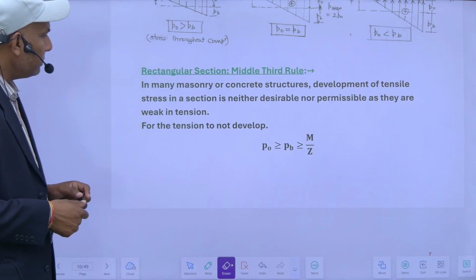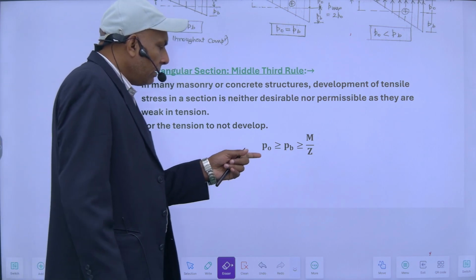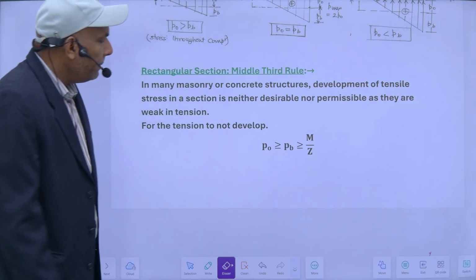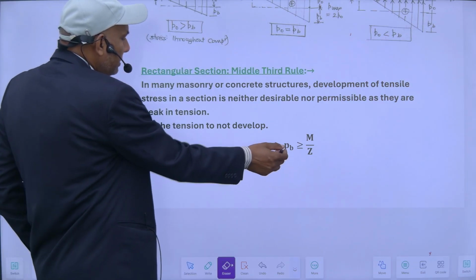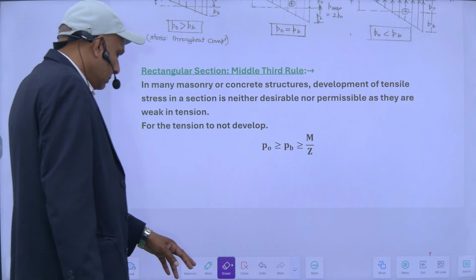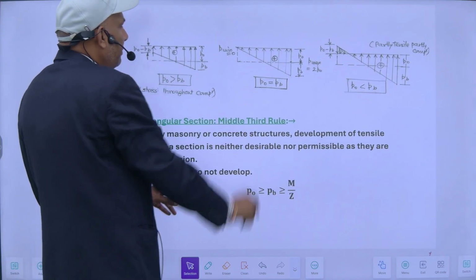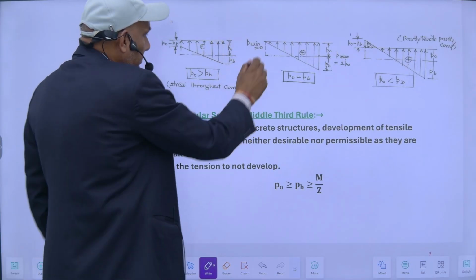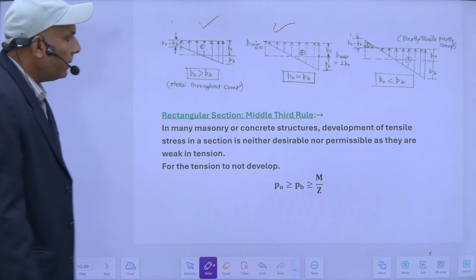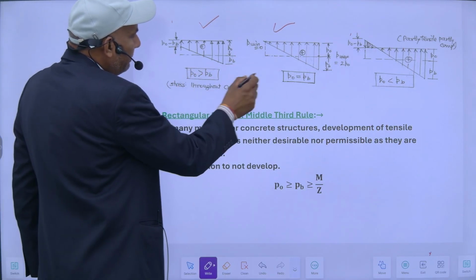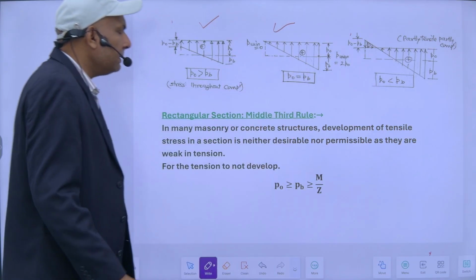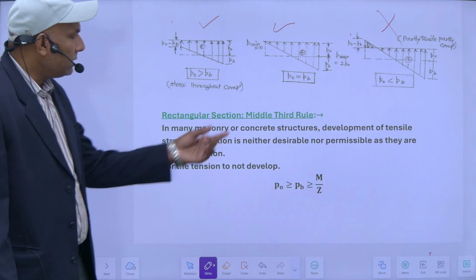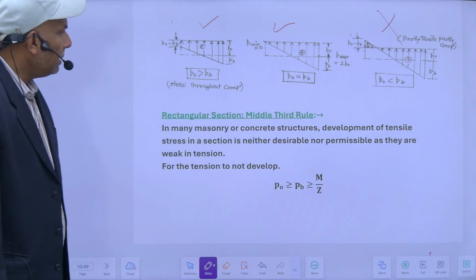For tension not to develop, my direct stress should be either greater than the bending stress or equal to it, so that my stress diagram will be like either this way or this one. This other case is not desirable or permissible. So I want the direct stress to be greater than or equal to the bending stresses.